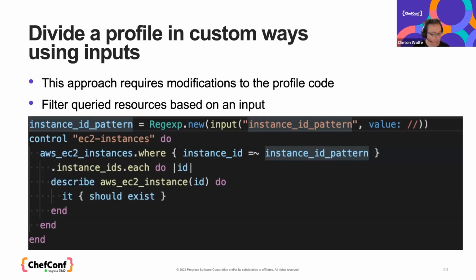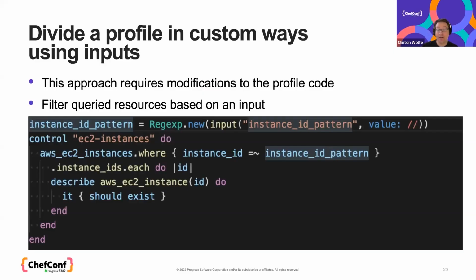So you'd be using a resource to query all EC2 instances that match a certain pattern that you provide. This allows you to externally provide the pattern outside of your profile, so then you can vary this pattern over time, so that first you do all of them that begin with the letter 1, then the letter 2, then the letter 3, and that sort of thing, so that you can divide things up.